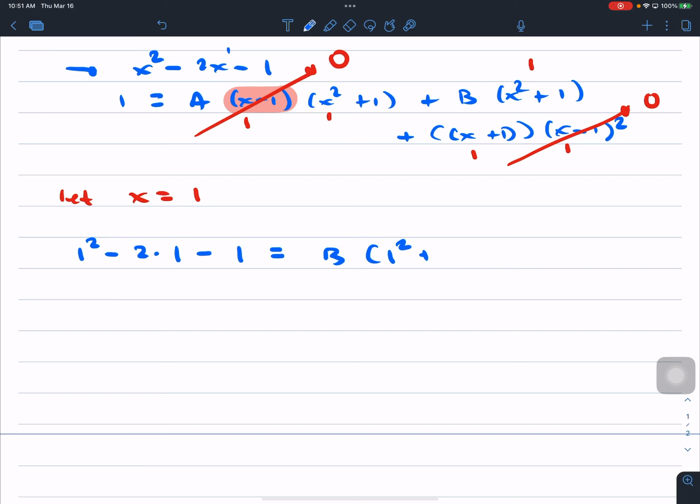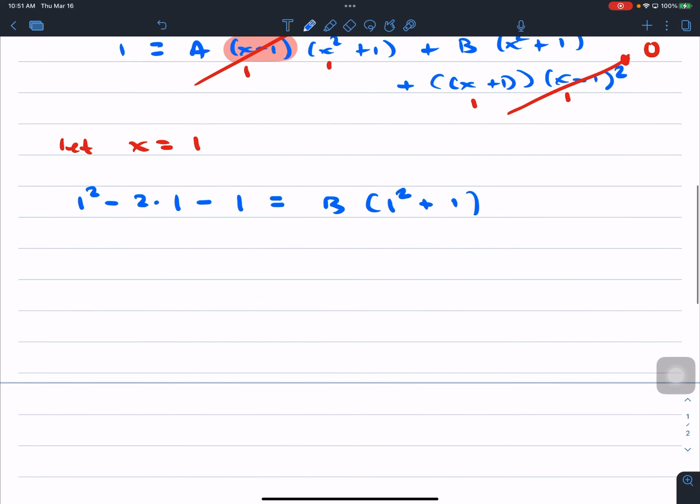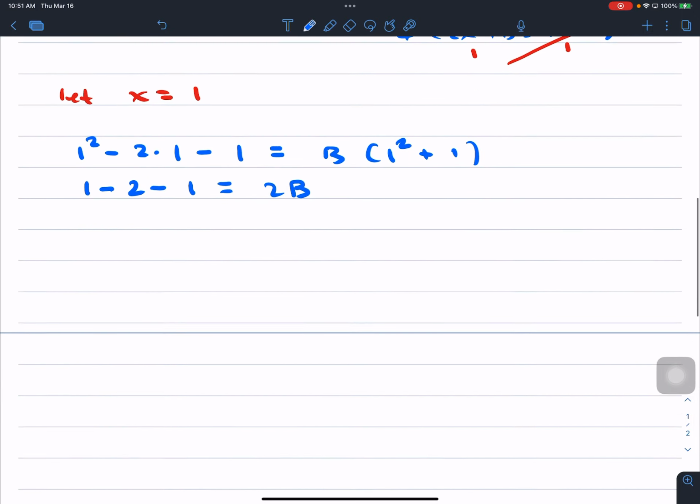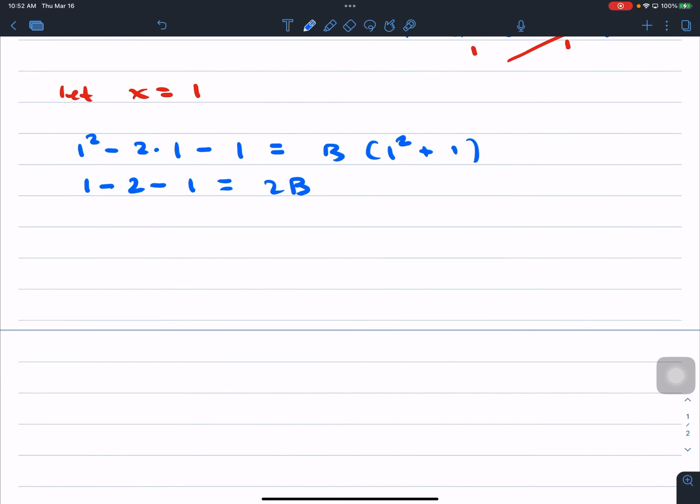You get what? b times (1 squared plus 1). And now you get what? 1 minus 2 minus 1 is going to be what? 2b. And that means now negative 2 equals what? 2b. And then what does that mean?